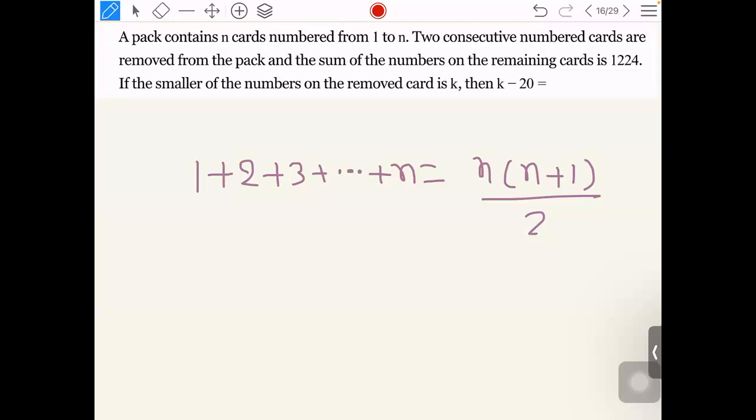Okay, 1 minute more, then I will try. Okay, so now let me try.